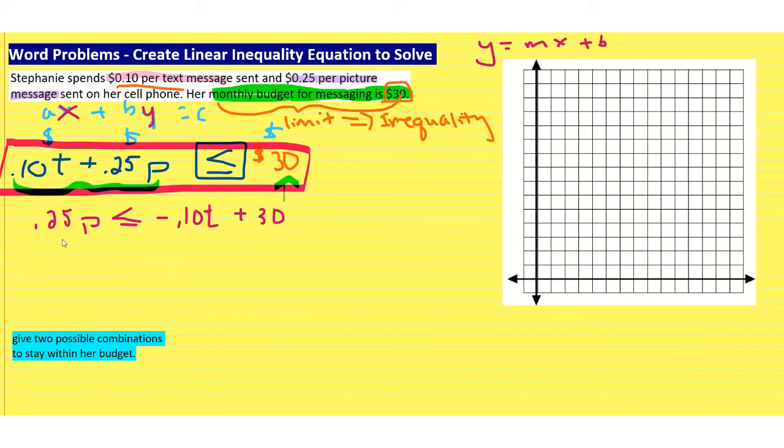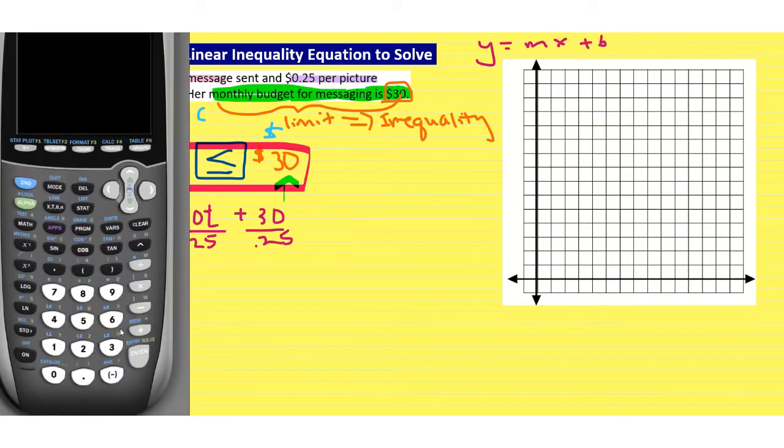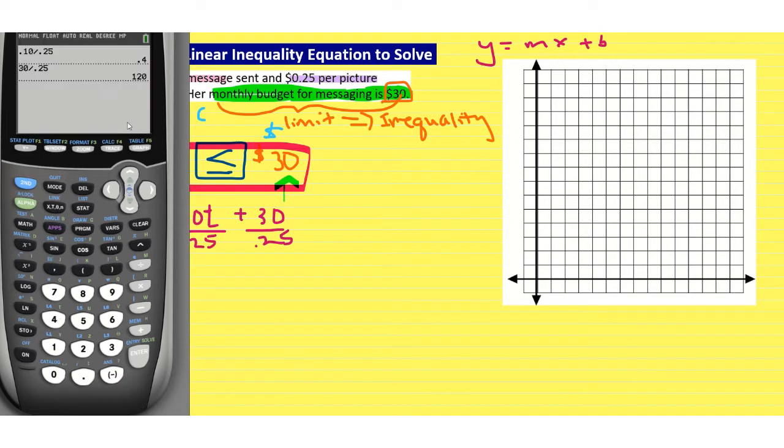Okay, so that means I'm going to divide everything by 0.25 in order to eliminate that 0.25 coefficient in front of the p-value, which is the same as my y value. Okay, so when I do that, these will cancel, and I will end up with p is less than or equal to, and I'm going to divide all these out. So let's pull up our calculator, and you'll see that I've already divided out 0.10 divided by 0.25.